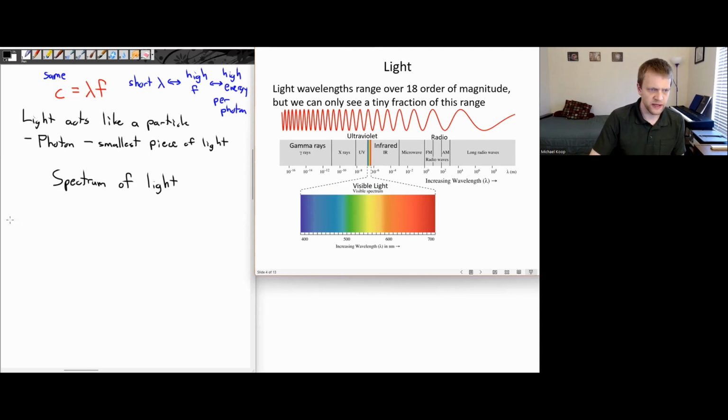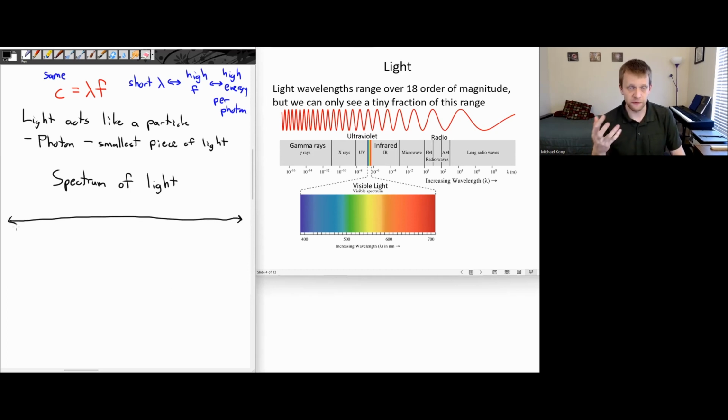And for the spectrum of light, we often want to rank these by the different wavelengths, the different frequencies, and the different photon energies. So let's use the information that we had before and start with short wavelength light on this end, and we'll go to long wavelength light on this end. If it's short wavelength, what does that imply about the frequency?